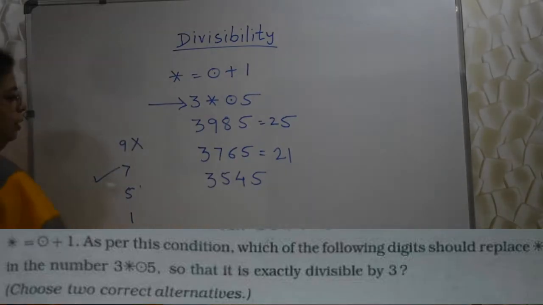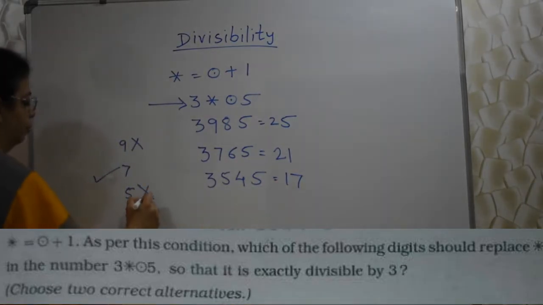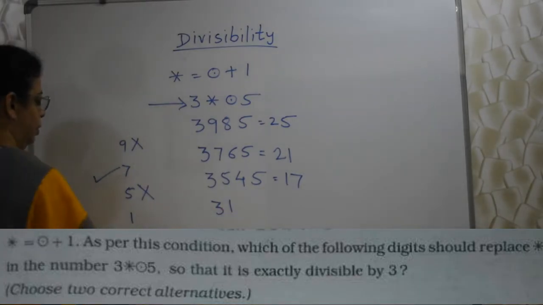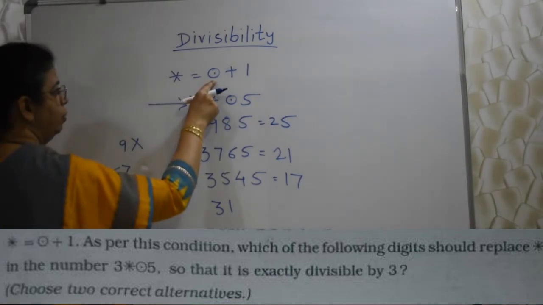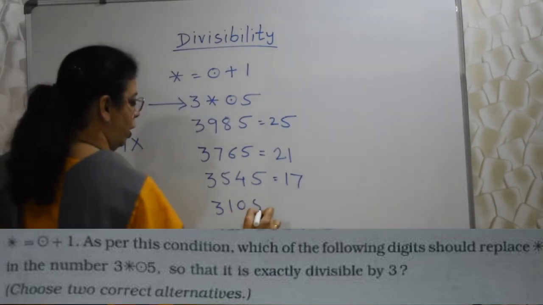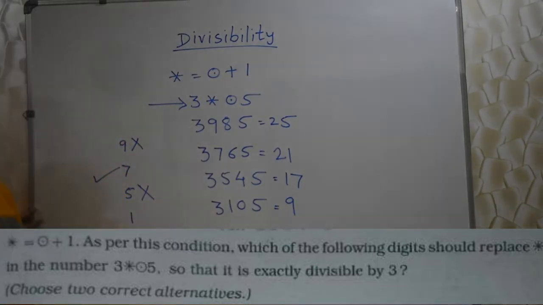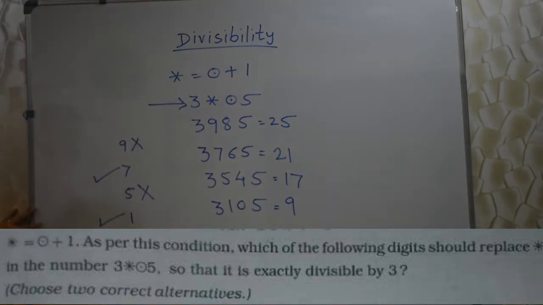Correct, no students? Addition is 17, which is not a multiple of 3. So gone. Now here asterisk I am giving the value of 1. If this is 1, this has to be 0. So 0 and 5. So option. Addition 9 आ रहा है, which is a multiple of 3. So this is the another correct option.